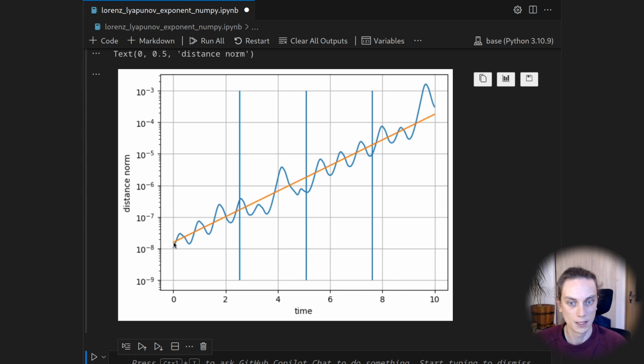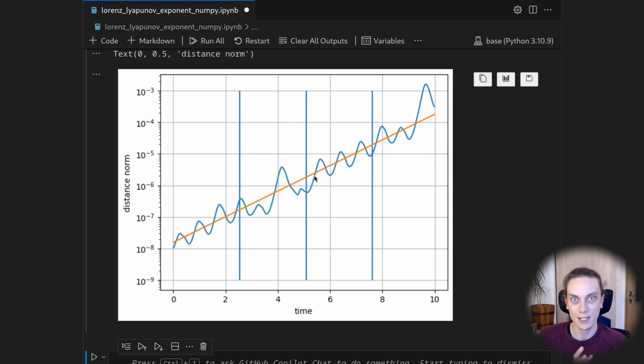Okay, let's plot that in as well. And here we go. So basically the orange curve is now the fitted exponential, and you see that the polyfit did a decent job in removing the oscillations and just retaining the linear trend. But now it also should be more visible that here we are a little over 10 to the minus 8, and then here after 2.3 Lyapunov times we are a little over 10 to the minus 7, then a little over 10 to the minus 6.